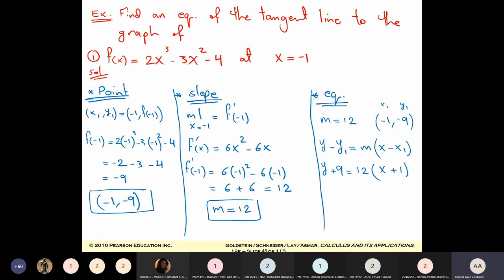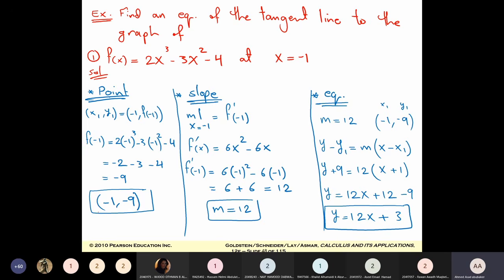So we have y equals 12x plus 12 minus 9. So the equation equals 12x plus 3. This is the equation of the tangent line.